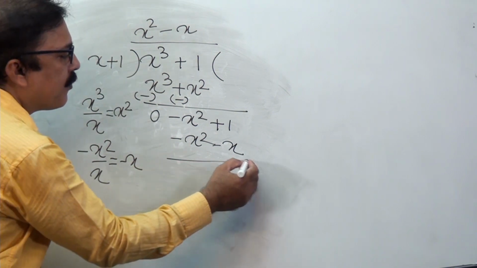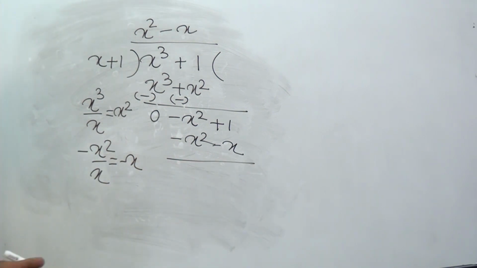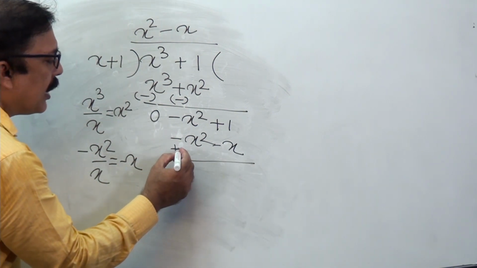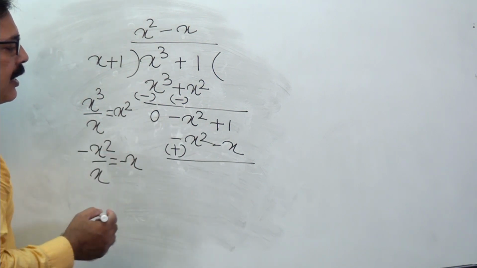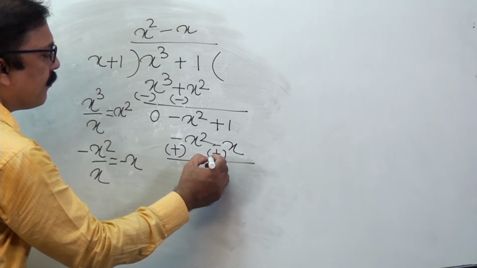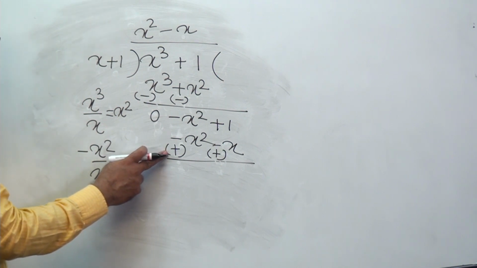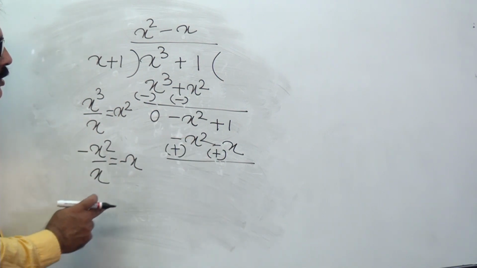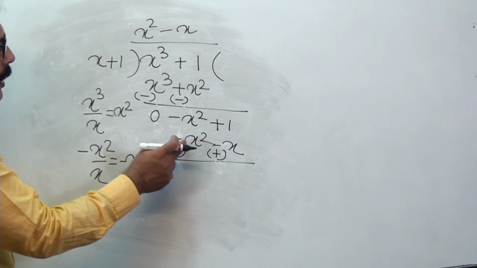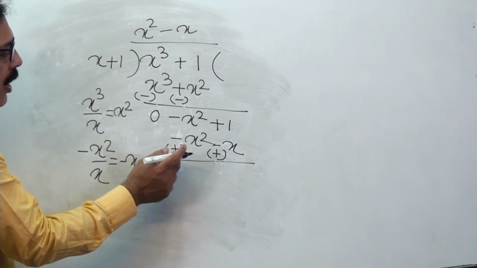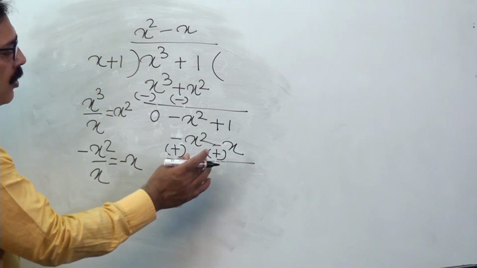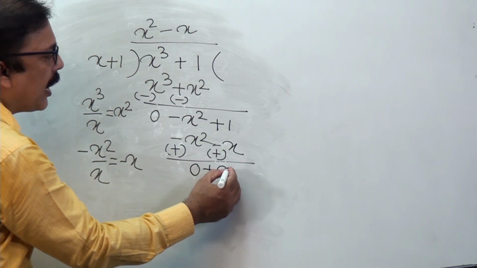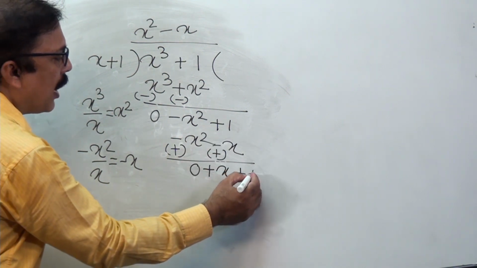Now again we have to subtract it. If we subtract, then change the sign. That is, the minus sign becomes plus sign here, and here also minus sign becomes plus. Now we have minus x square plus x square, that is 0, and plus x plus 1.